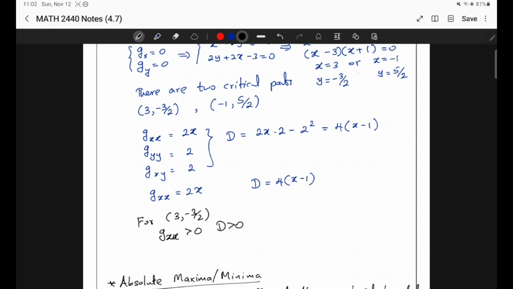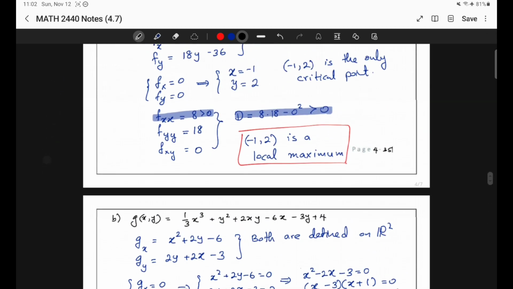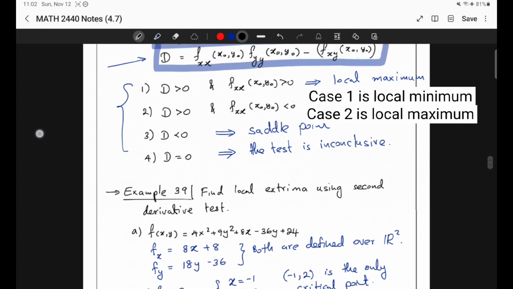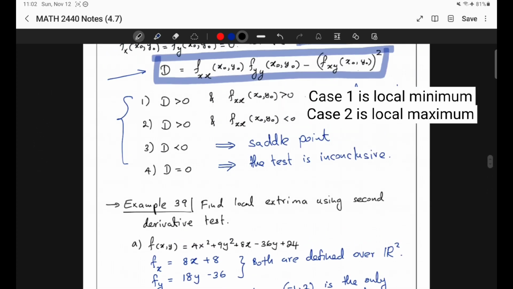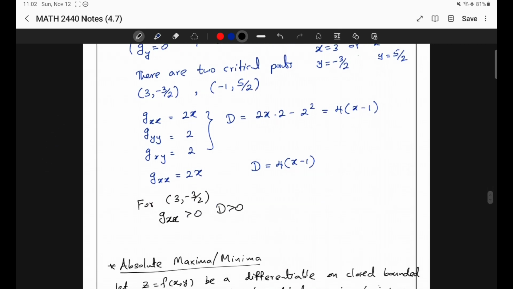Okay, so let me go back to the actual theorem and double check it. Yes, d positive, double derivative positive, it's a local maximum. That is a local maximum.